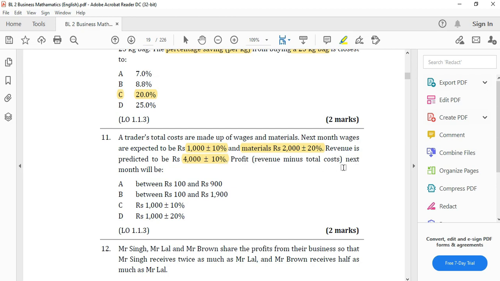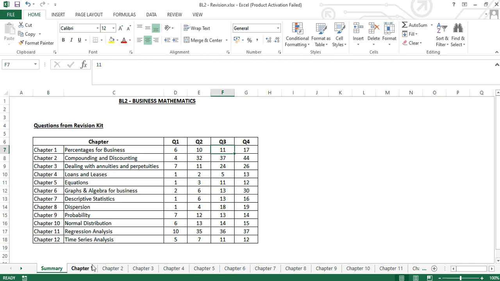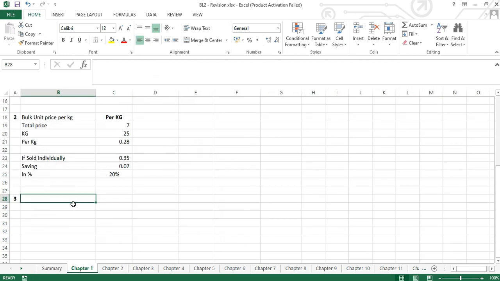And for the profit next month, they are asking for the minimum profit and the maximum profit. So now what you need to know is first of all, the formula for minimum and maximum values, especially when it comes to a profit scenario where the increase and decrease of two variables affect the outcome.